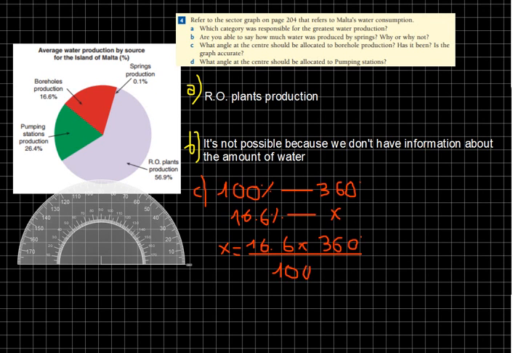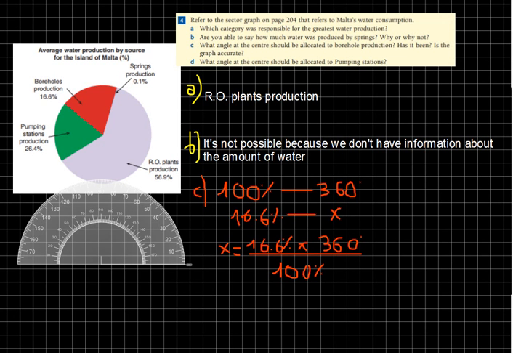Oh, I almost forgot something. And you shouldn't forget the percentages. Okay, I'm going to erase these. 16.6%. So as you can see there, we must multiply 16.6 by 360 and then divide it by 100.